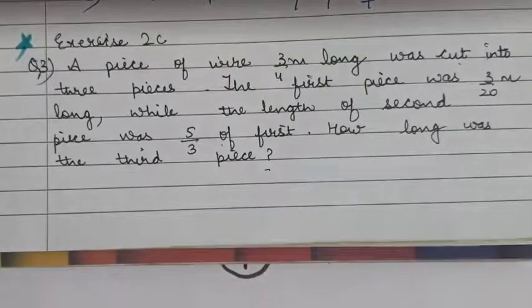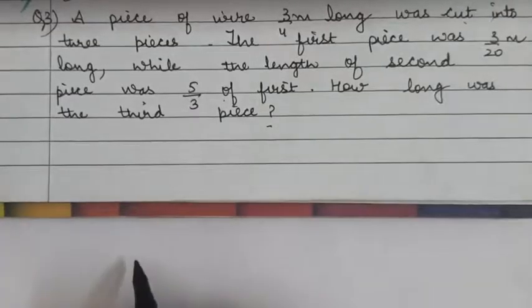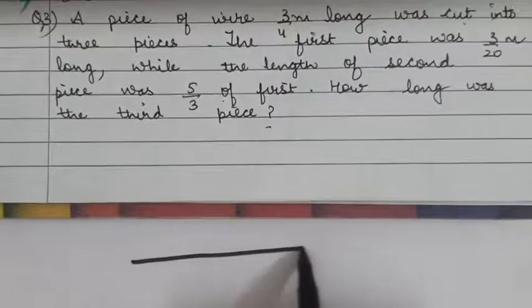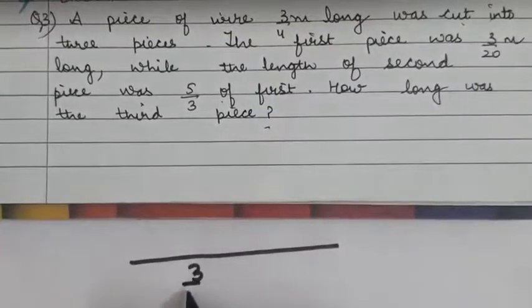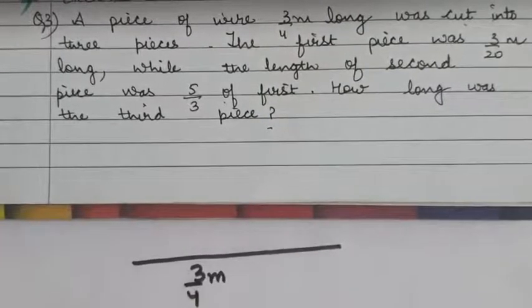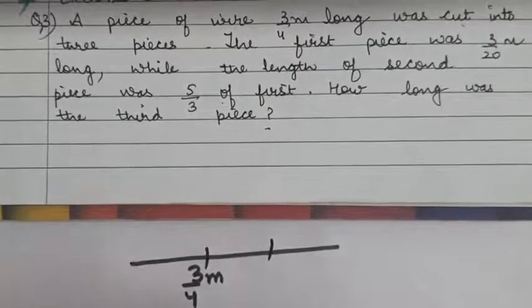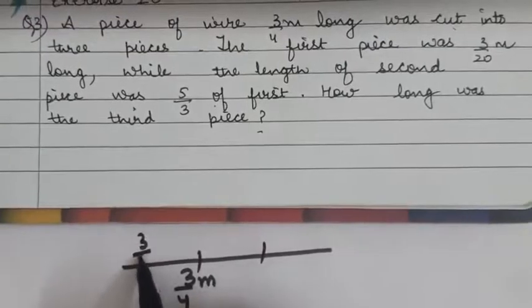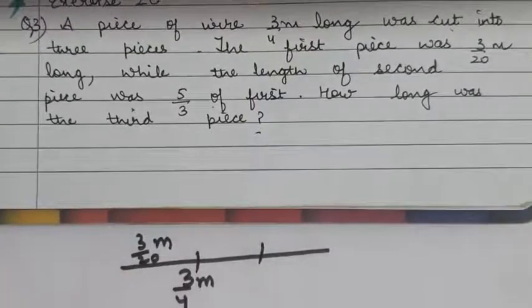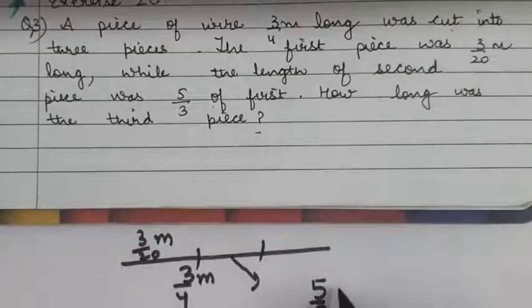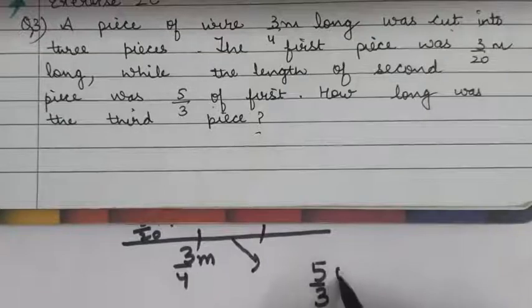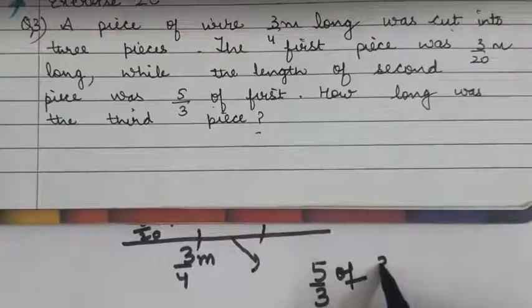So it is very easy. We have a piece of wire that is 3/4 meter long, cut into 3 pieces. The first piece length is given, and the second piece is 5/3 of the first piece, that is 3/20.